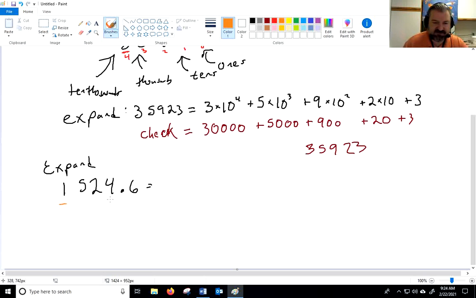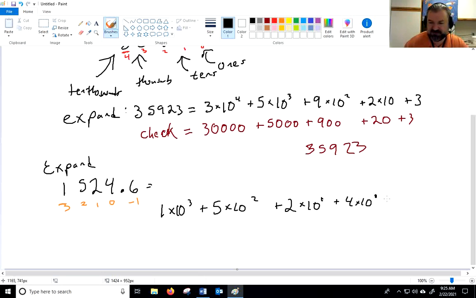This is the 0 power, the 1 power of 10, the 2 power of 10, and the 3 power of 10. So what does that make this power? Well, that's the negative 1 power. So this is 1 times 10 to the third plus 5 times 10 to the second plus 2 times 10 to the first plus 4 times 10 to the 0 plus 6 times 10 to the negative 1.